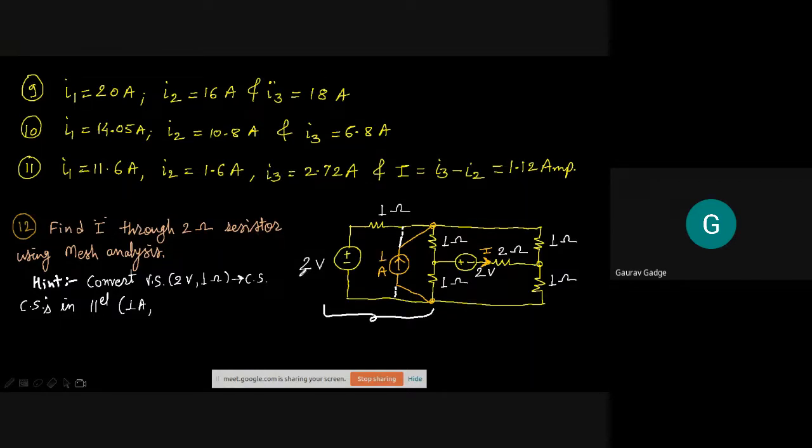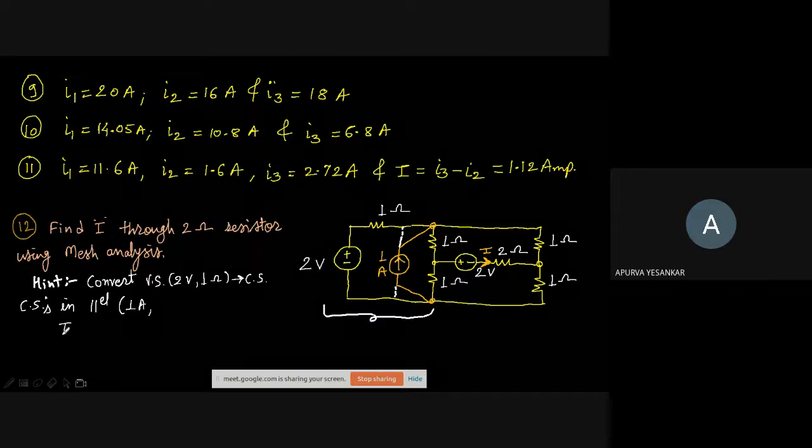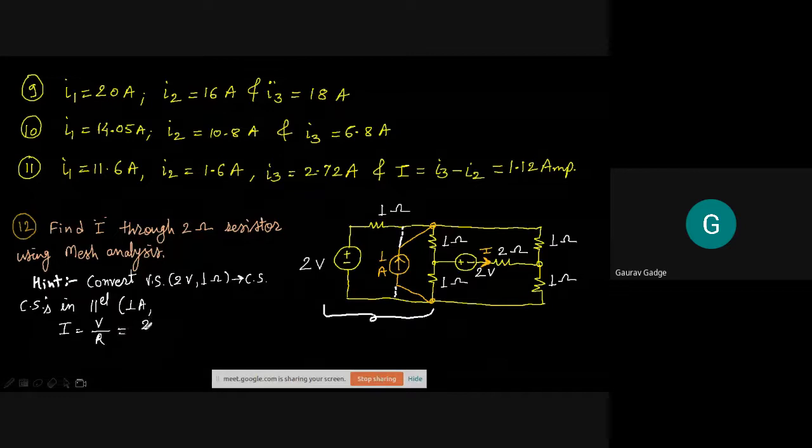Current is equal to V by R. Now voltage is 2 volt, resistance is 1 ohm, it is 2 ampere. Current equal to voltage upon resistance, that is the method of conversion, voltage source into current source. So the 1 ampere current source which is given, and 2 ampere, that is the conversion, both are in parallel, and 1 ohm becomes the internal resistance for that.